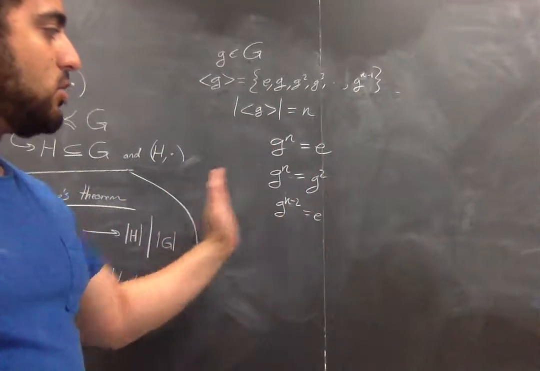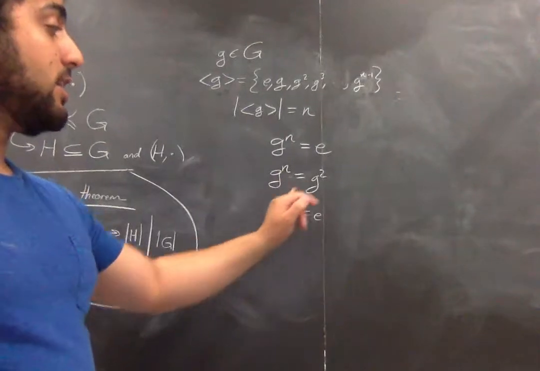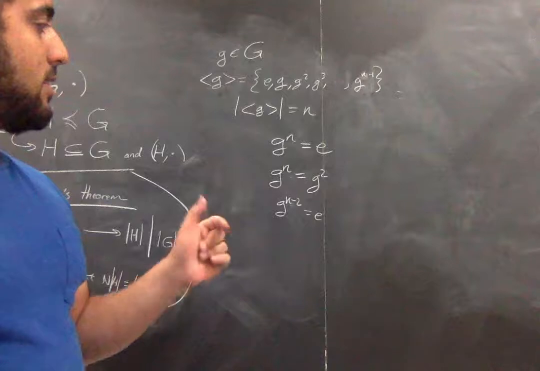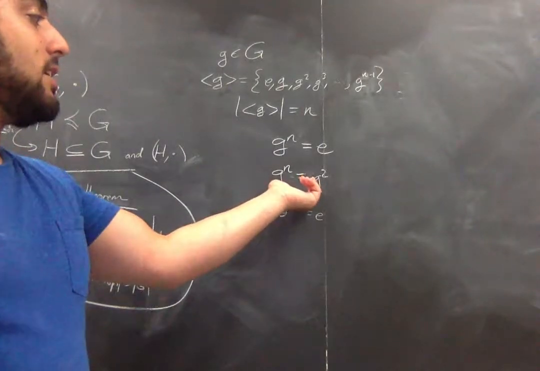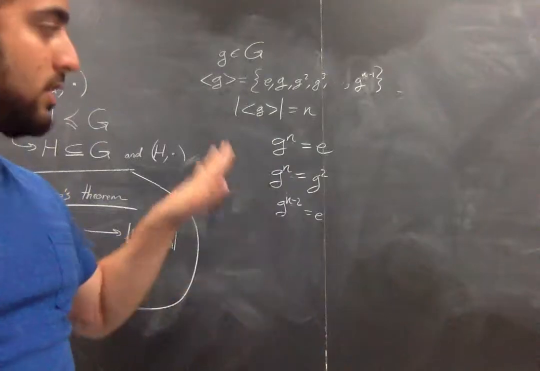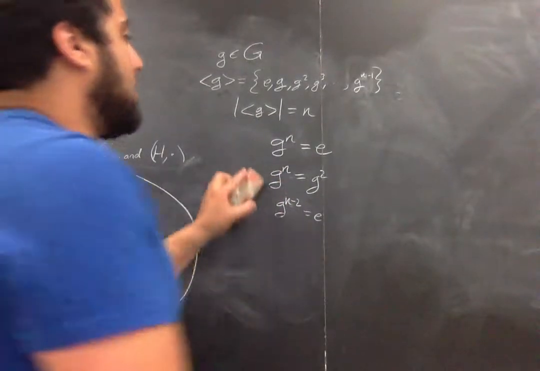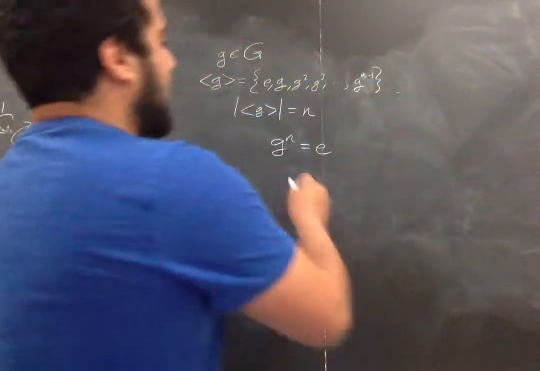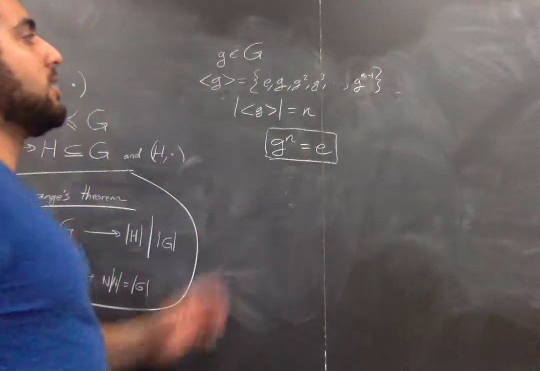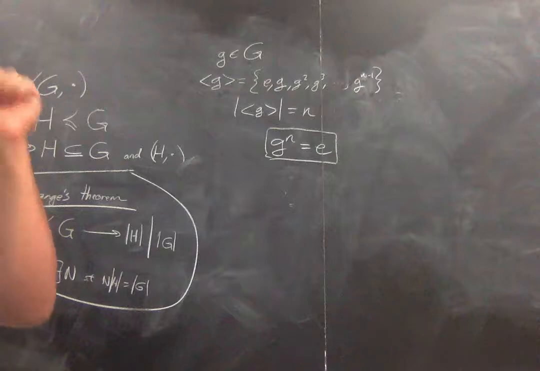So we would have gone up to g to the n minus 2, we've got an e, g to the n minus 1 would be g, and then g to the n would be g squared. So, if this is the case, then this is not really the point where things repeat. You already have repeats. So, essentially what this means is that there's going to be some element n at which point our set loops back on itself.